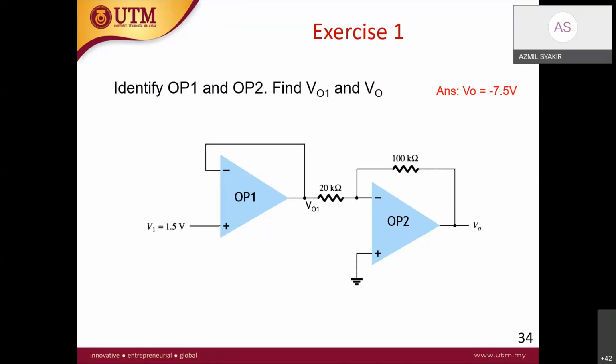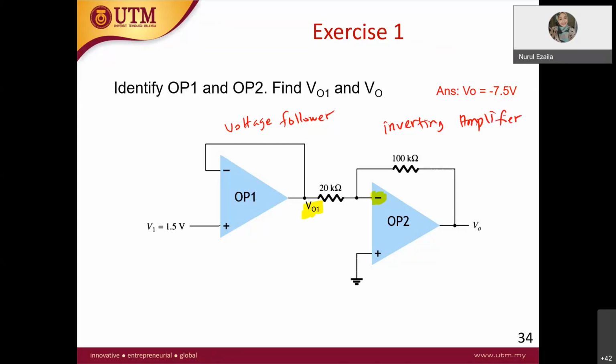So op-amp 1 is a voltage follower. Op-amp 2? Inverting amplifier, because you have negative here connected to the input here. Therefore, this is an inverting amplifier.